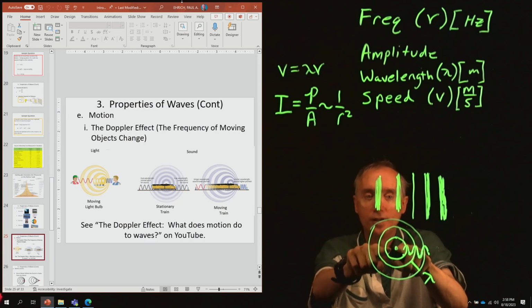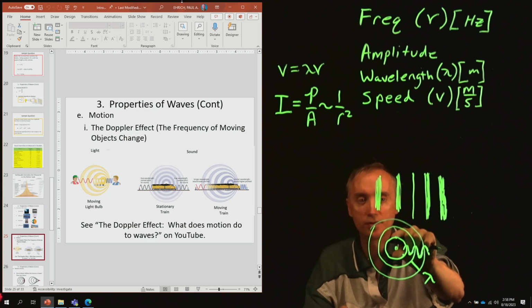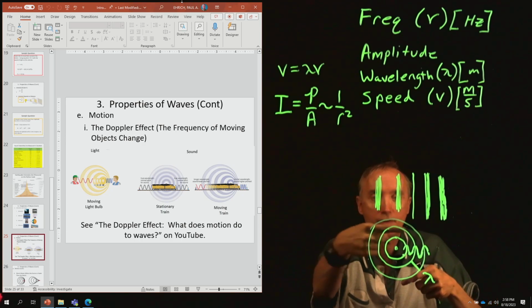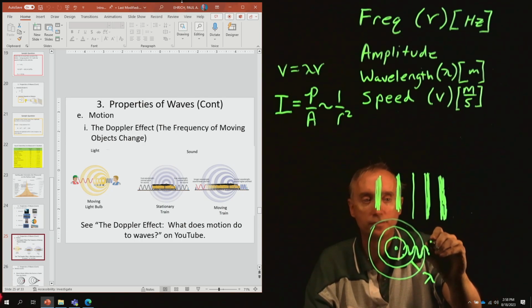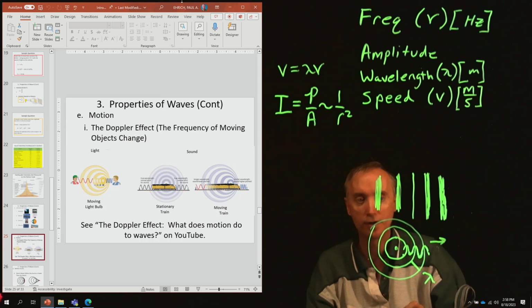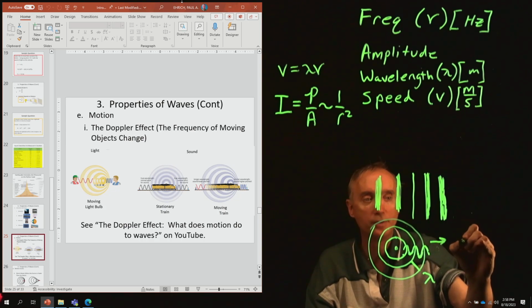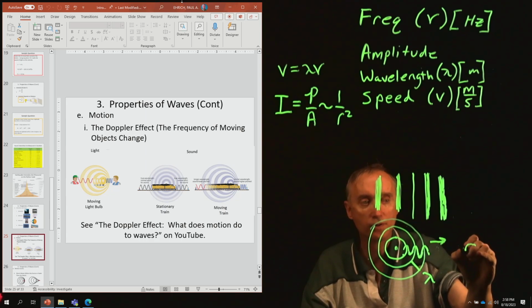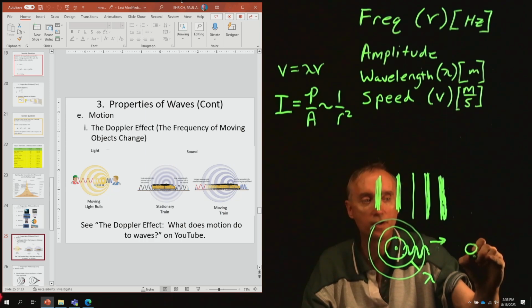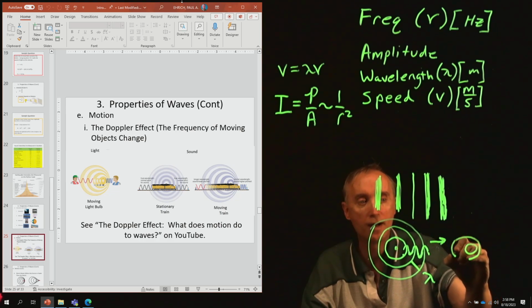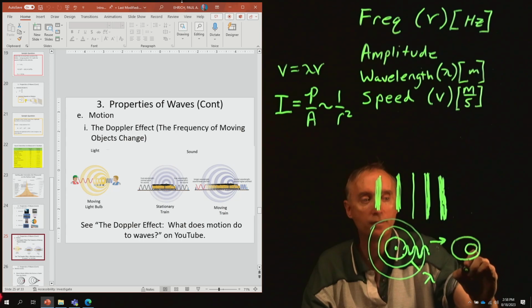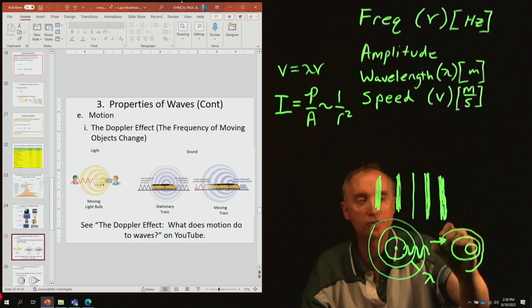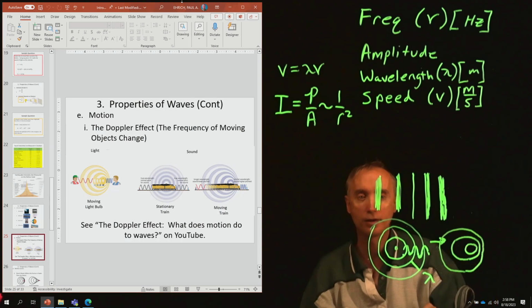So now let's pretend that the source of the sound wave is moving in this direction. So if the sound source is moving in this direction, then what's going to happen is you still have these circles, but the circles are going to be scrunched up in the front, and then they're going to be pulled out in the back. And then you'd have another circle that's scrunched up in the front, and then it's more spread out in the back.